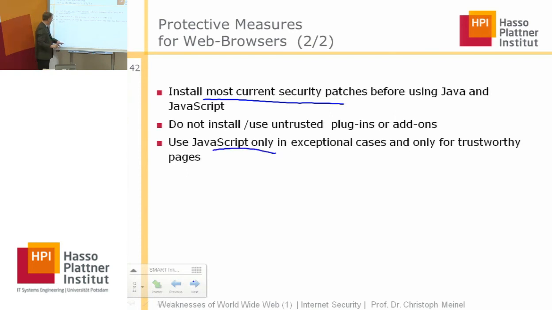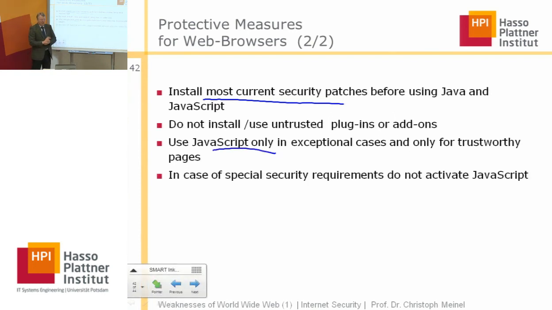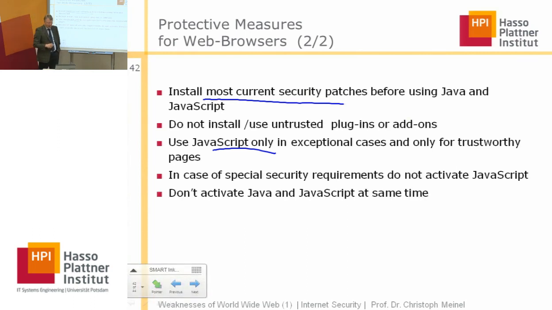JavaScript. In case of special security requirements, do not use JavaScript at all. You have to deactivate it because there are a lot of security problems. But this applies only if you have to meet special security requirements. Then it is important not to activate Java and JavaScript at the same time.